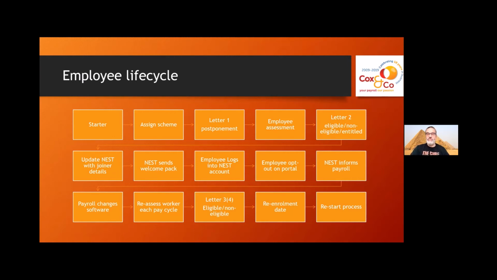So it's just that group of workers who you're looking at for re-enrollment. You pick a date, and at that point in time, they're either in it or they're not, and you don't have to continually reassess those who have left or opted out of the scheme. Hopefully I've clarified that. And the process continues. Re-enrollment will happen again in 3 years' time.